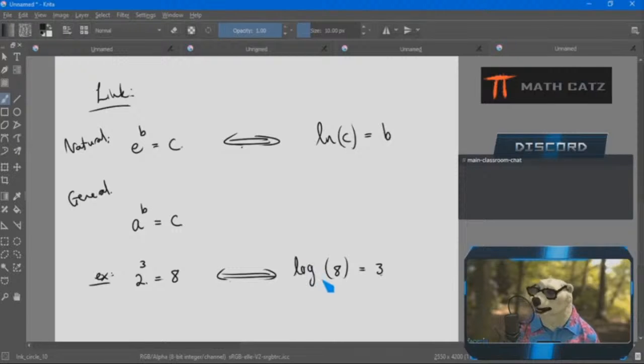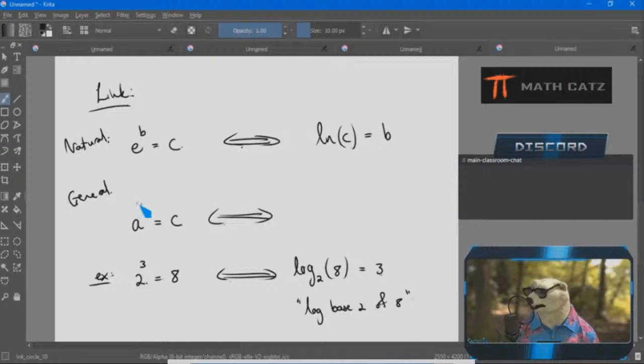I'm going to name it log with 2 subscript, log base 2 of 8. I need to know the base, right? Because for a different base, the answer is not going to be 3. But the relationship between these is the same as it was for the natural case.